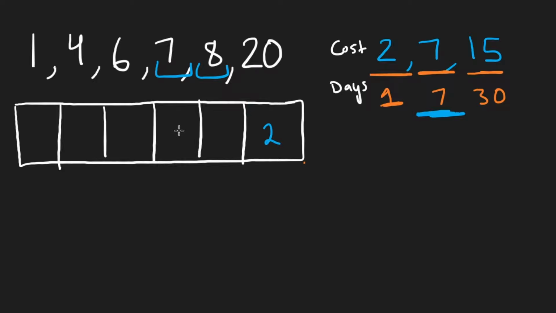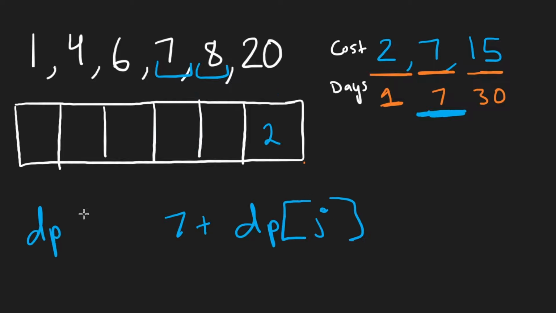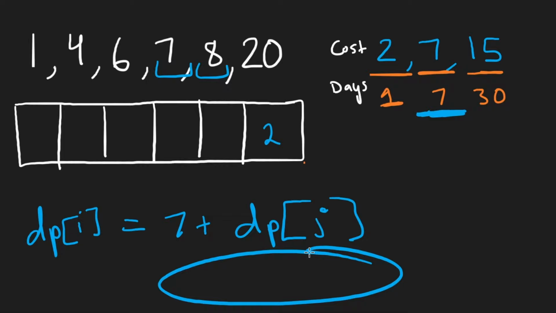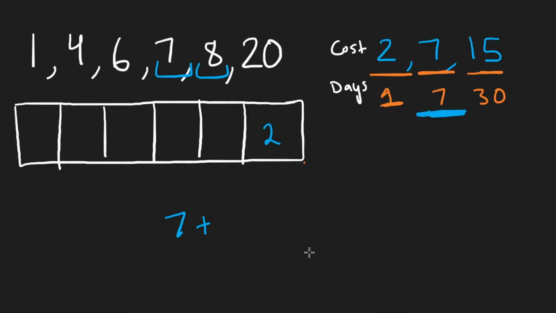So with the 7-day ticket, it's a cost of 7 plus dp at this index, which is index 5, but I'll call that my index j. That is our current value dp of i, and we're trying to minimize this. This is just one choice; there would have been the other choices as well, and we just want to minimize it.